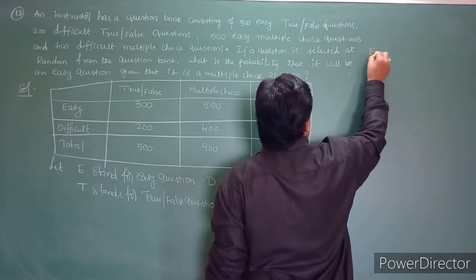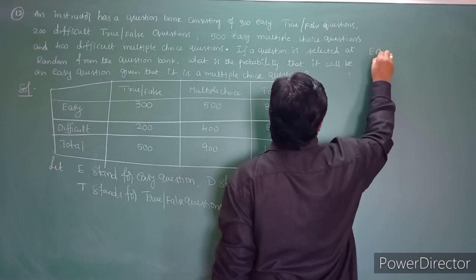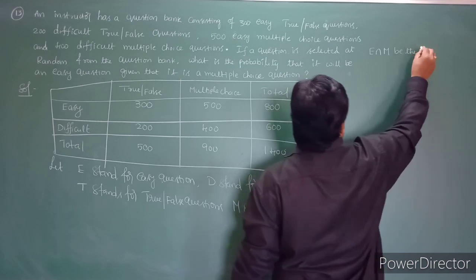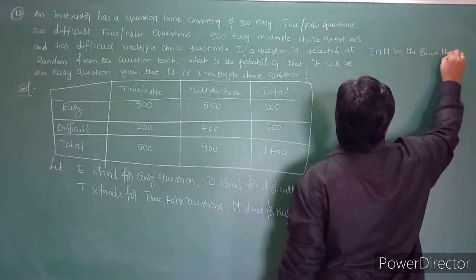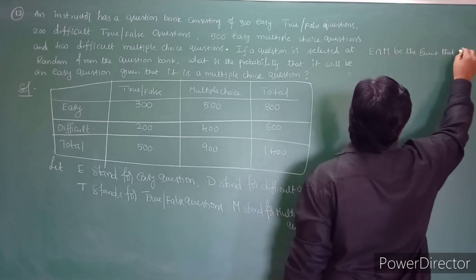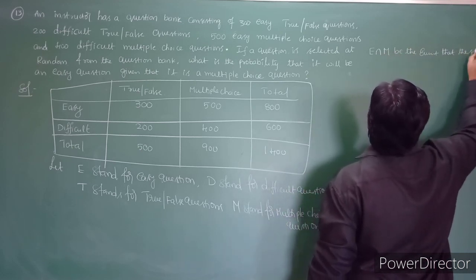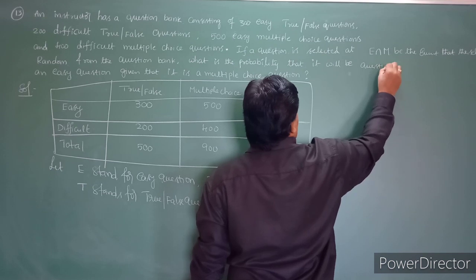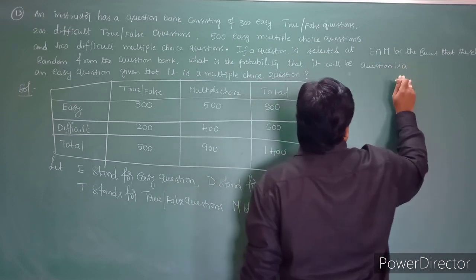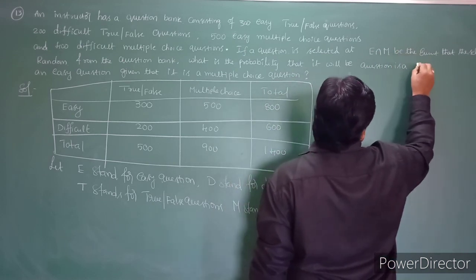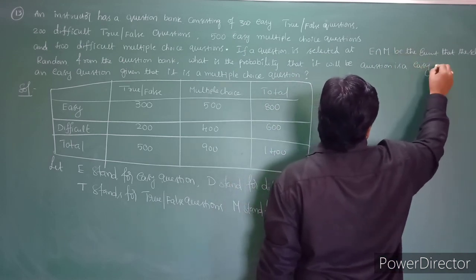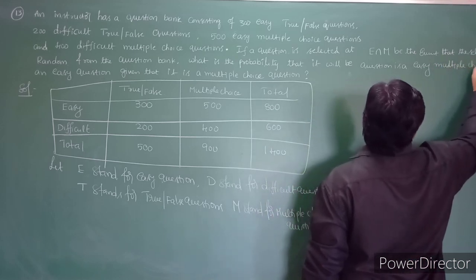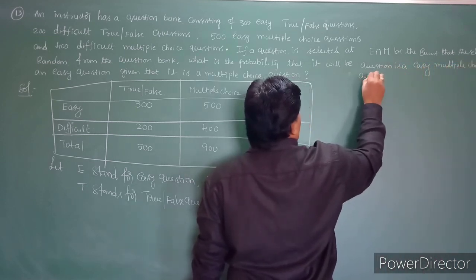That is E intersection F, E intersection M. Let E intersection M be the event that the selected question is an easy multiple choice question.